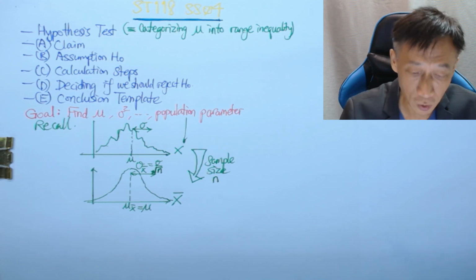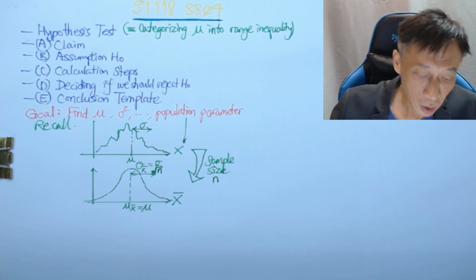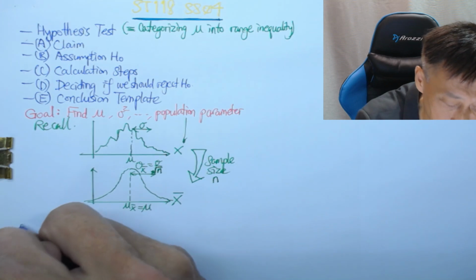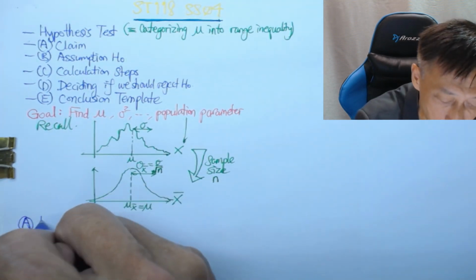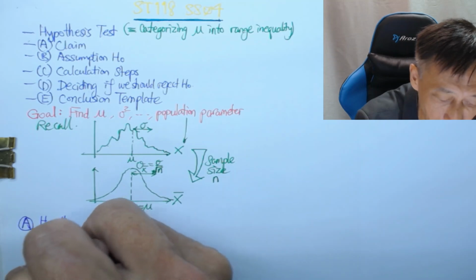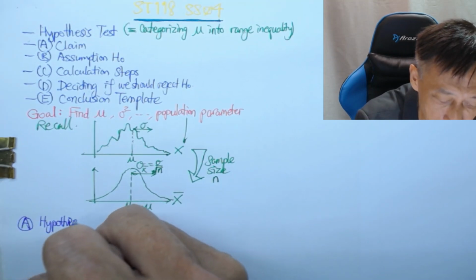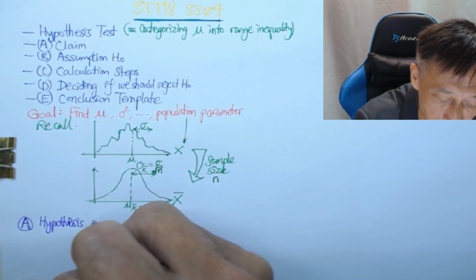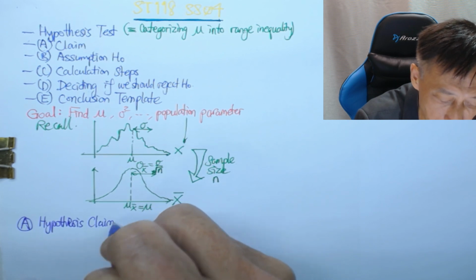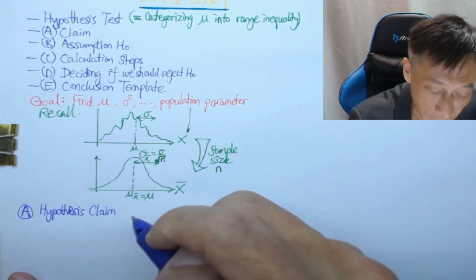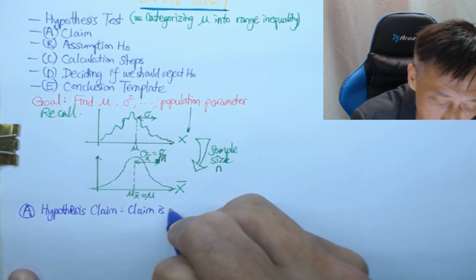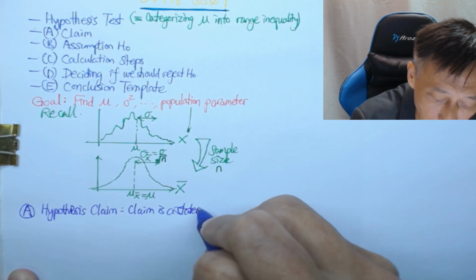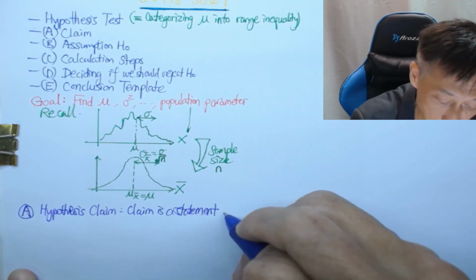Right. First thing first is about the claim itself. So we always start with a hypothesized claim, or hypothesis claim. So this claim, right, is a statement about mu.